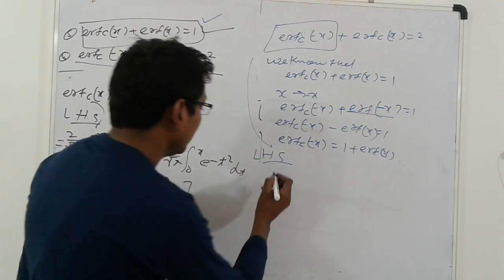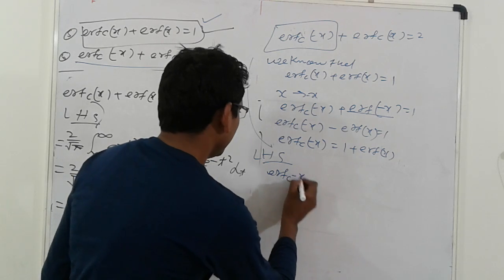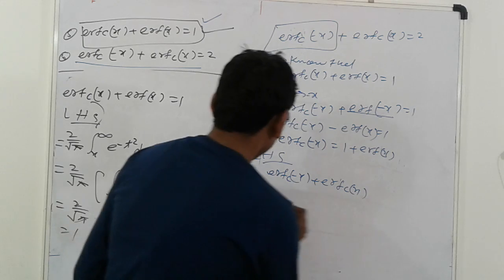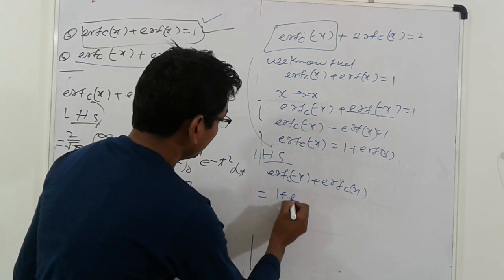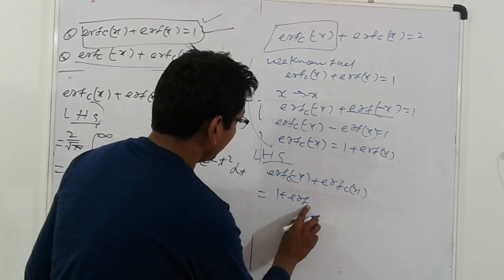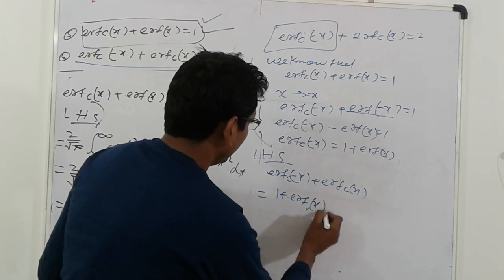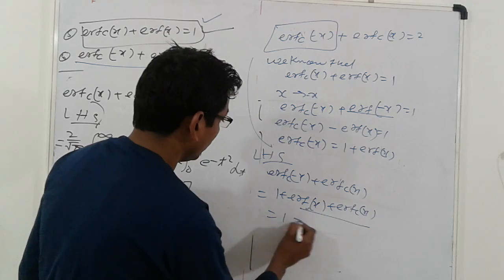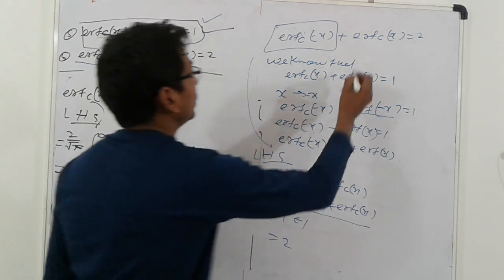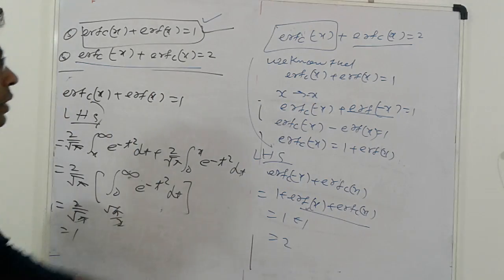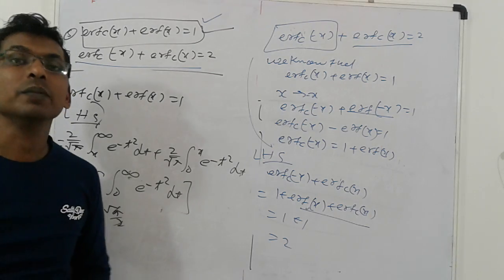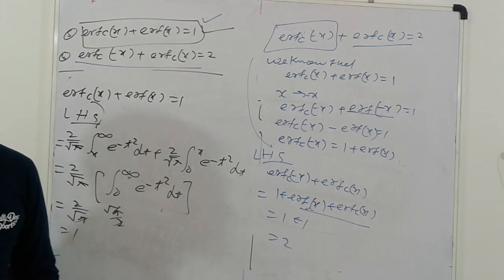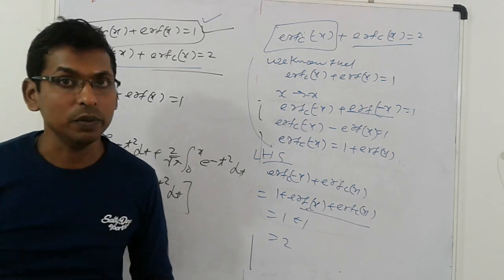So LHS is error of c minus x plus error of cx. So take 1 plus error of x plus error of cx. That is 1, and here 1 plus 1 is 2. So these are the basic properties, and more properties are available, but these are some basic properties. Next, go to some sample problems.